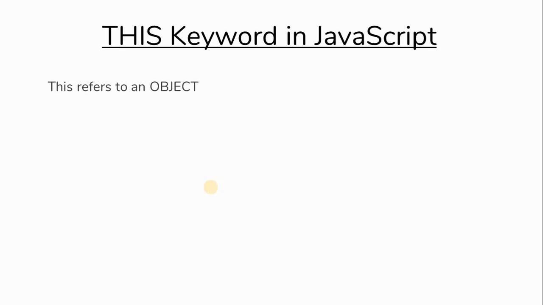The second part is that it is not just an object, but it has something to do with that object. What is it? It is the one executing the current JavaScript code. Again, this is one single statement: this refers to an object which is executing the current JavaScript code, right? So we have JavaScript code that is being executed by some object in JavaScript.